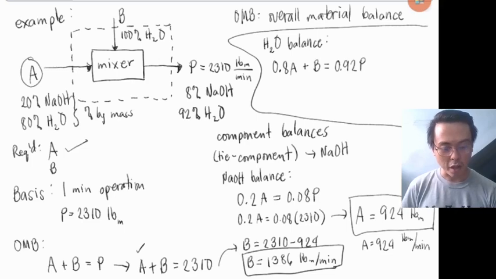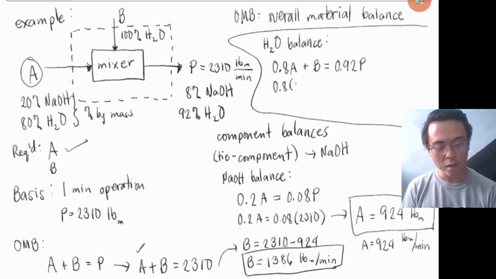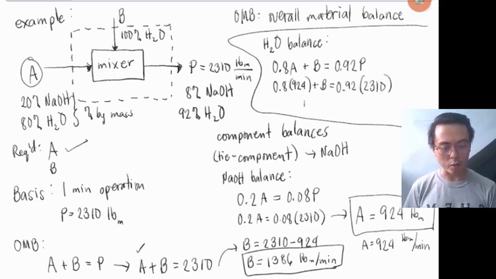You already know the value of A, so that's 0.8 times 924. We are solving for B. Remember, we wanted to check if we would arrive at the same answer, and substitute the value of P, that is 2310. If you solve the value of B, that would be 2310 times 0.92 minus 80% of 924.